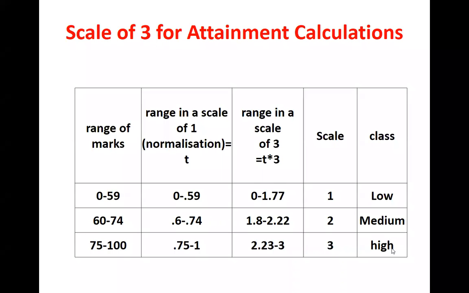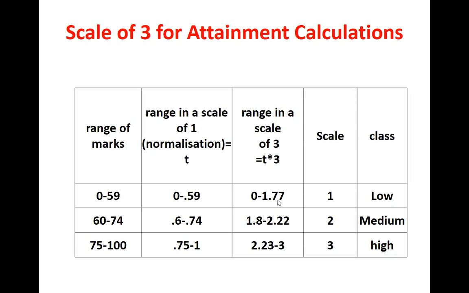Now for calculating my attainment, I have reduced this to a scale of 1, or normalized this value. So now my values are 0 to 0.59, 0.6 to 0.74, 0.75 to 1. So this is on a scale of 1. I have normalized it. After normalizing, I convert it to a scale of 3, because in the manual, they have given everything in a scale of 3.